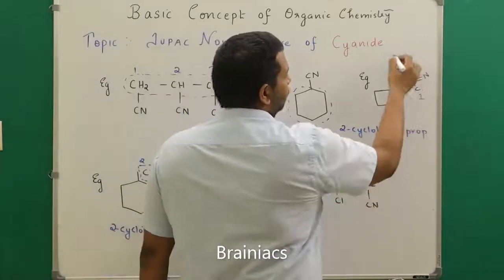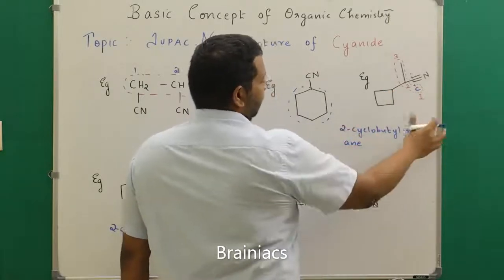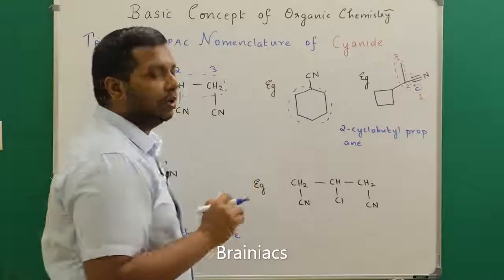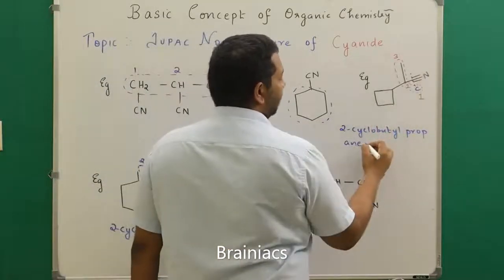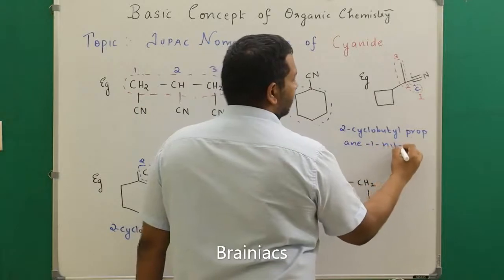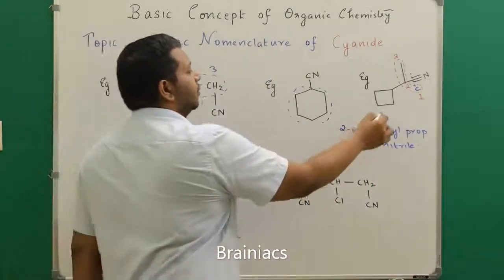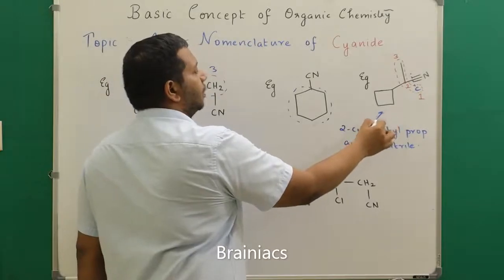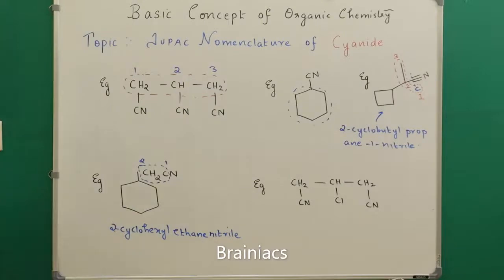Then all are linked through single bonds, so we use the term propane. Please write it together when you are writing in the notebook. So 2-cyclobutyl propane, first position nitrile, propane 1 nitrile. Understood? This is for the last one. Okay, 2-cyclobutyl propane 1 nitrile.